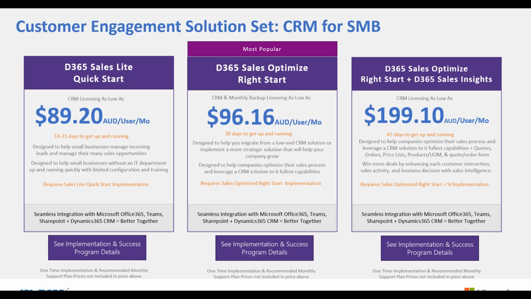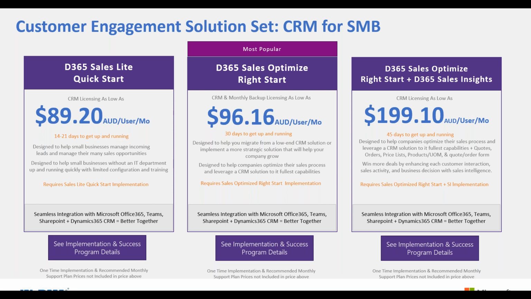So talking about the turnkey solutions that I mentioned, which are in the form of bundles, we have essentially 3 bundles. The first one is Quick Start, the second is called the Right Start, and the third is Right Start plus Sales Insights. Let me talk about what exactly the Quick Start is.